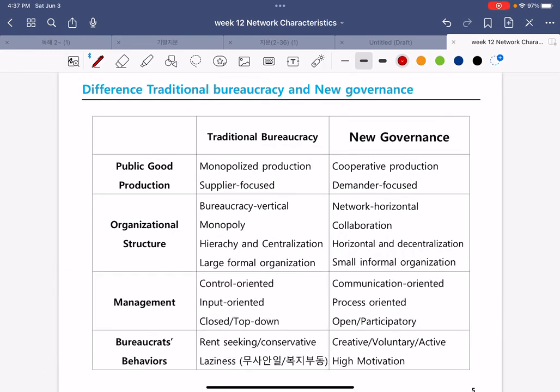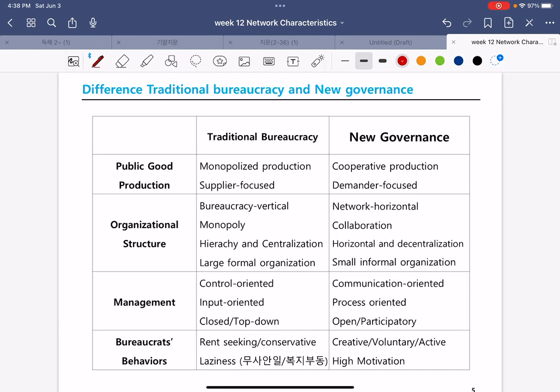Okay, let's compare traditional bureaucracy and new governance. As I said, in traditional bureaucracy, the production of public services and public goods is a monopolized production. However, in the new governance, public services are produced in a cooperative way.